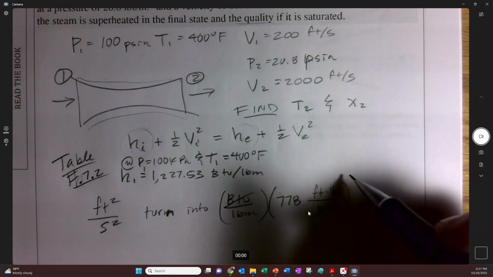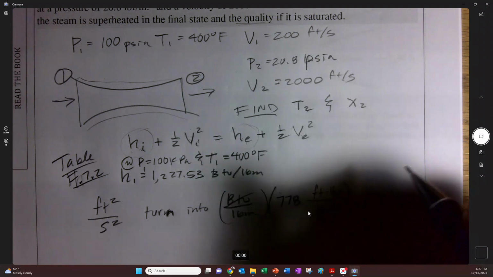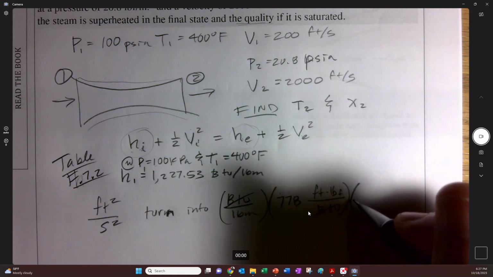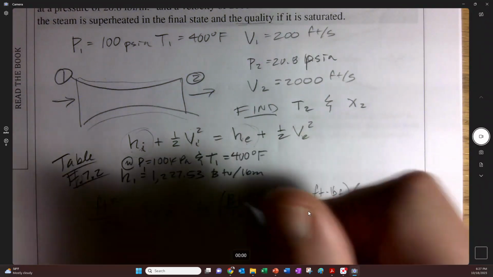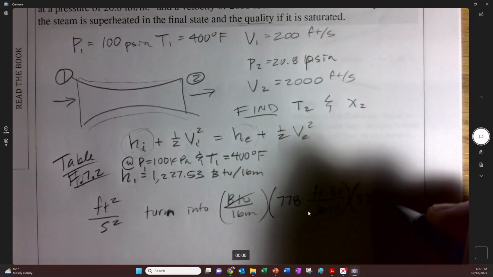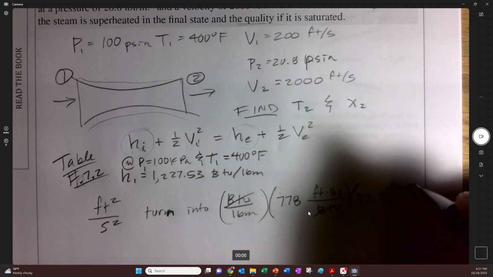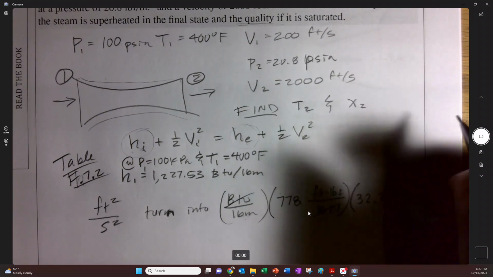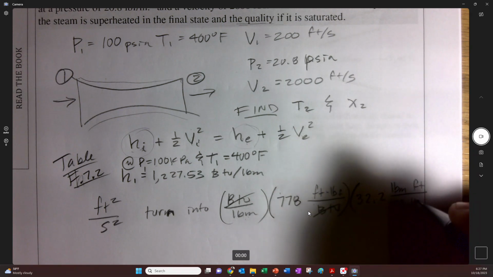We also, though, because pound mass just stinks to high heaven, would like to get rid of pounds mass. So we have a way to do that. On the denominator here, we're going to multiply the top by 32.2 pound mass, and the units here are pound mass foot per second squared pound force.